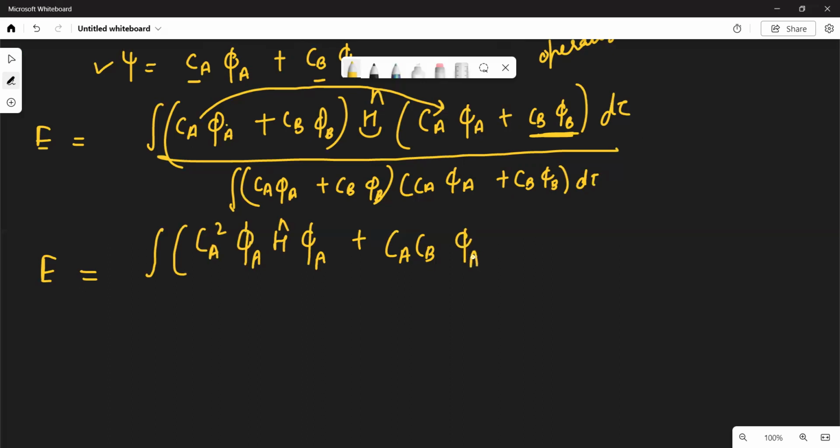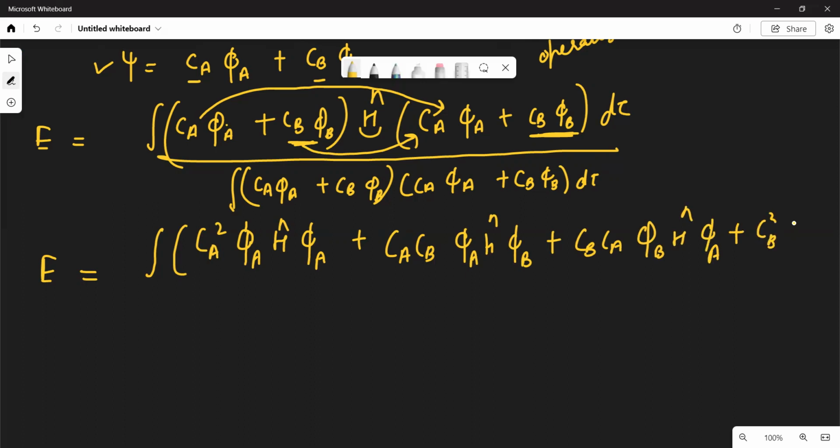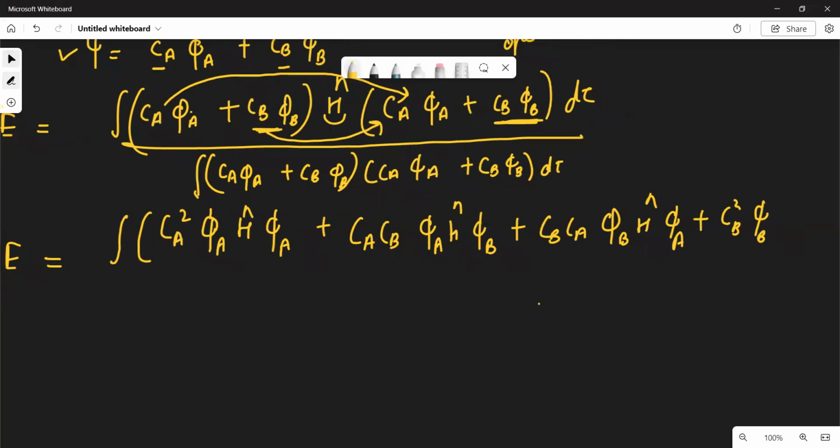So we write phi A H cap phi B, plus, multiplying this term here, we get Cb Ca phi B H cap phi A, plus then Cb square phi B H cap phi B, and the bracket closes.